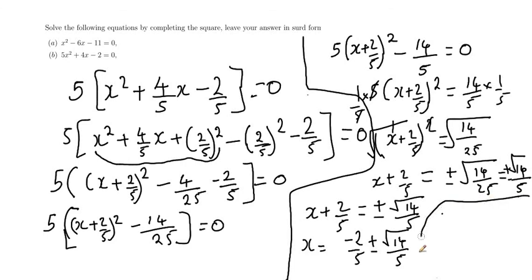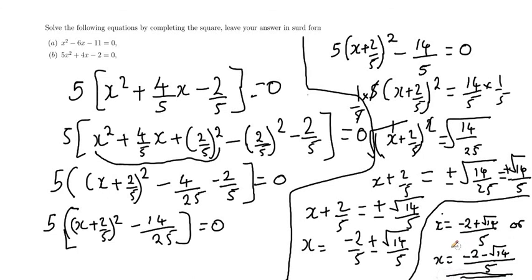So x is equal to minus 2 plus the root of 14 over 5, or x is equal to minus 2 minus root 14 over 5. So these are the two answers, or two values of x.